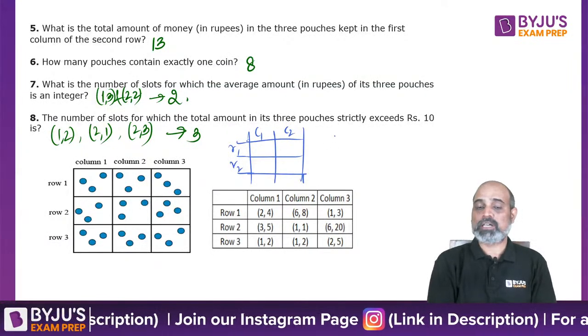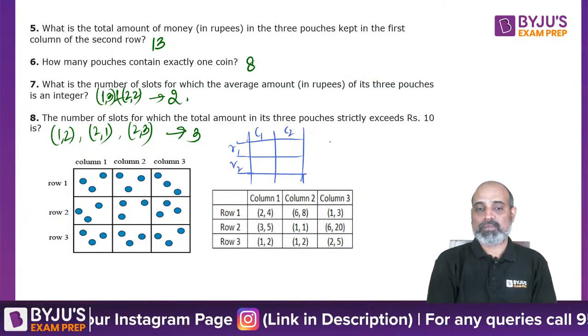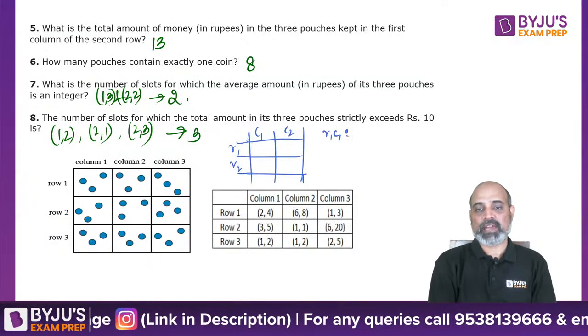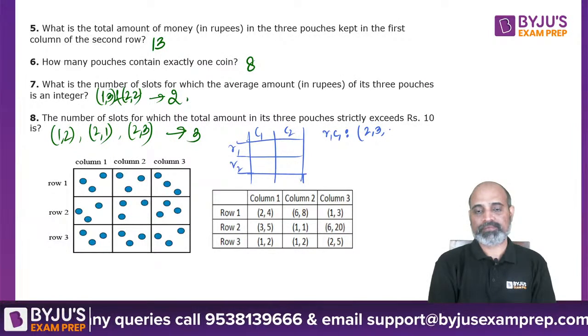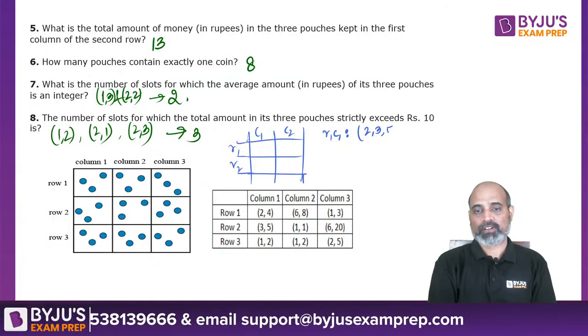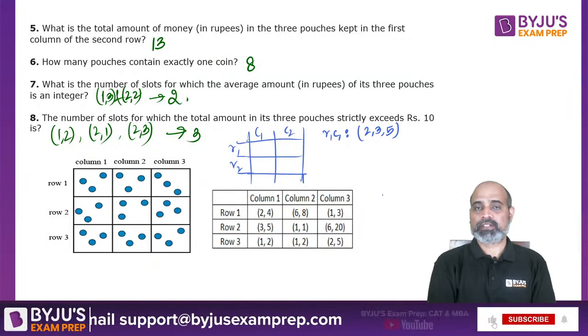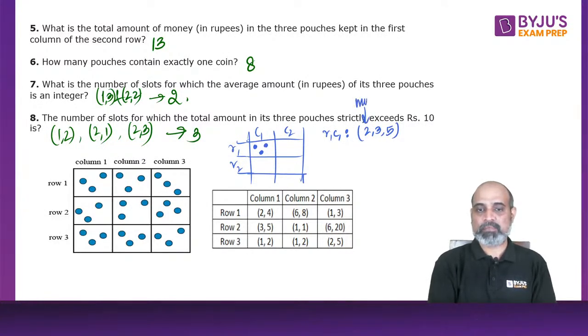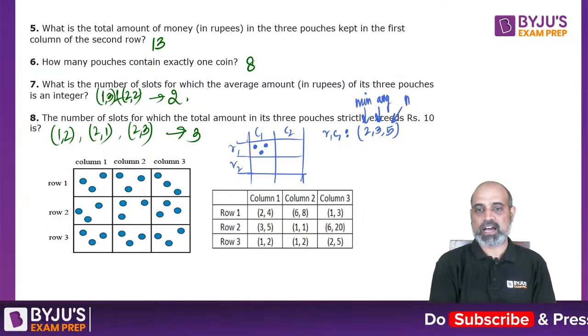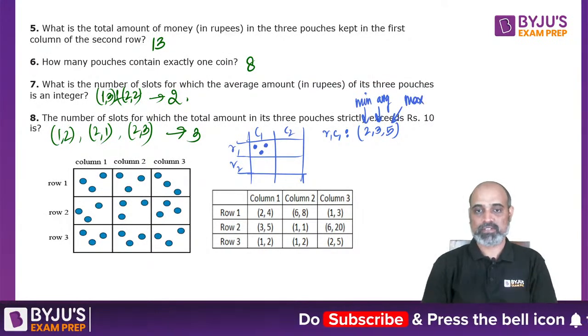So they will give you something like, in R1 C1, they will give you 2, 3 and 5. Okay? And then they will tell you that here there are 3 numbers, where the first number is the minimum number, the middle number is the average, and 5 is the largest number that you will find there.